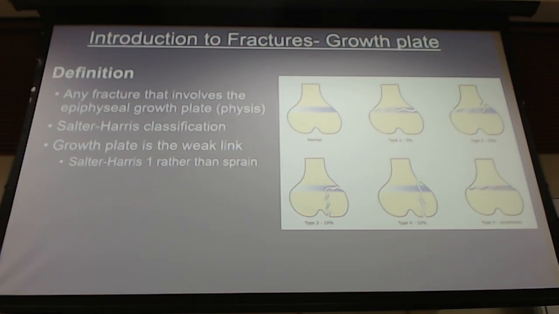You can see what a normal growth plate looks like and what an injured growth plate looks like. Remember that as the bones continue to ossify, the growth plate continues to be a source of weakness in the construct of the bone. Which is why it's not very difficult for kids to have a growth plate fracture.